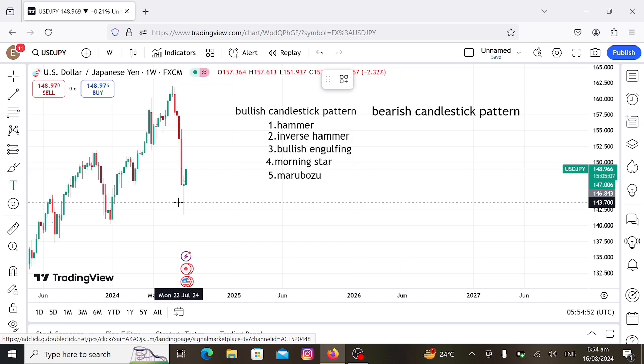Bearish candlestick patterns are usually formed after an uptrend. You know the bullish is formed after a downtrend. Bearish is formed after an uptrend and signals a point of resistance.